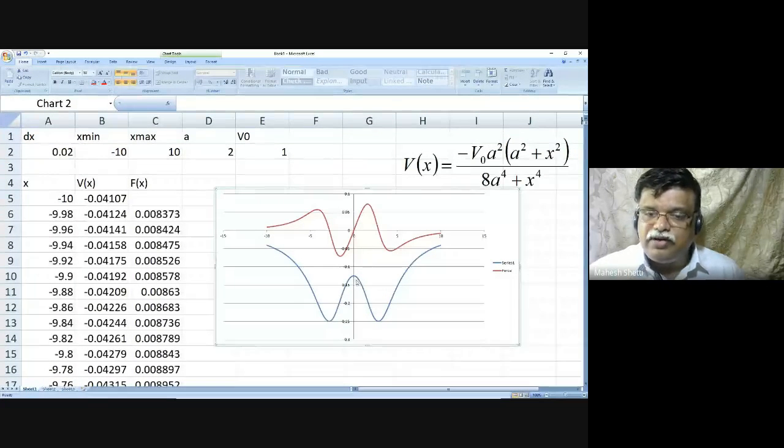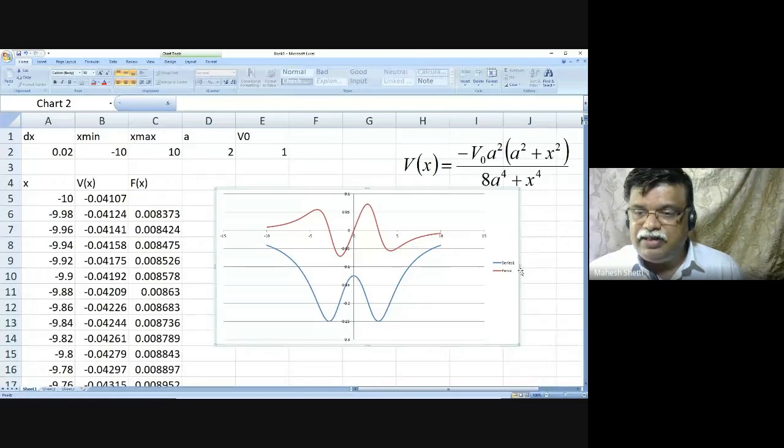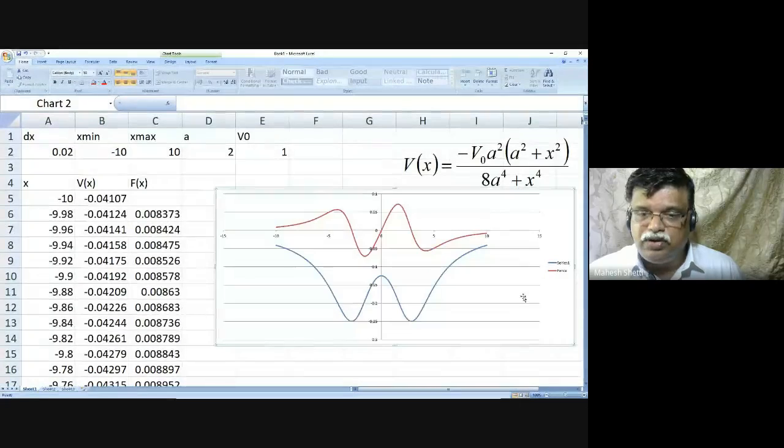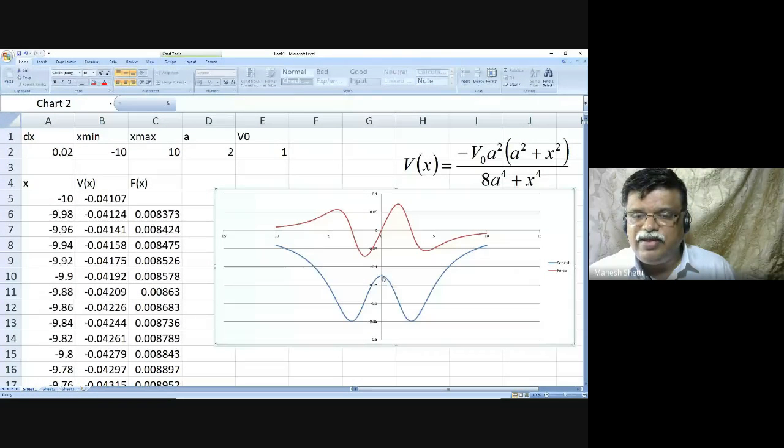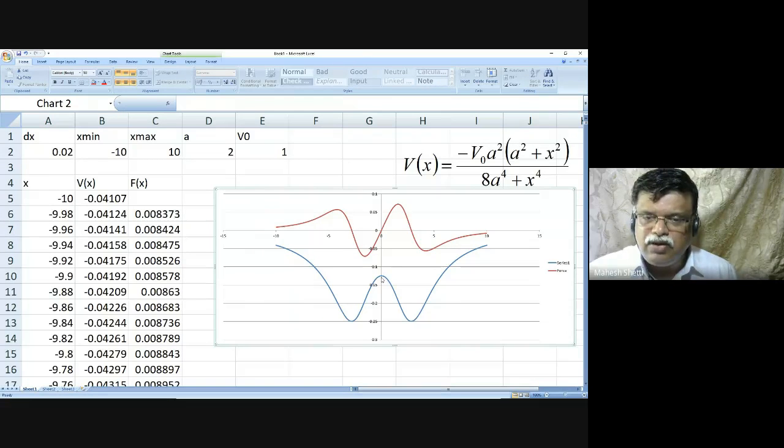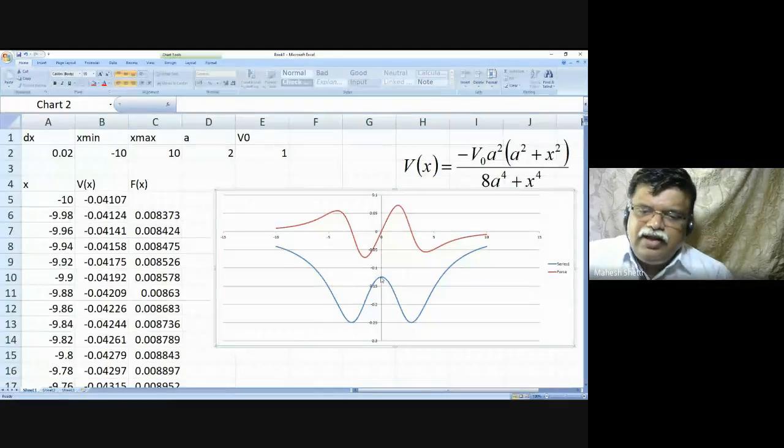Also, what we observe at the center is something very interesting and useful. This particular point is the unstable equilibrium point.